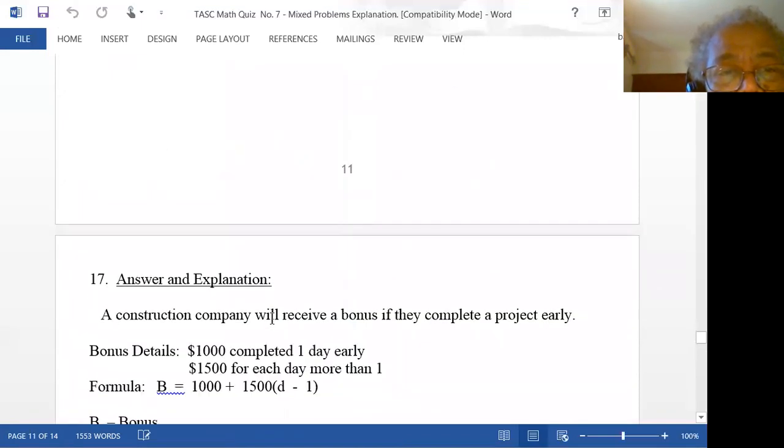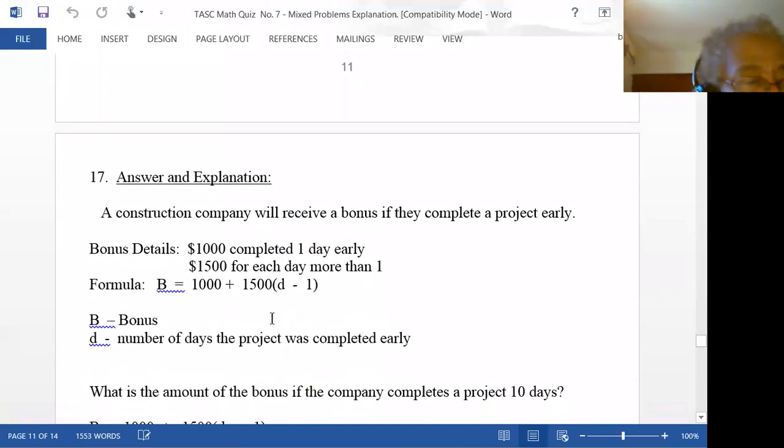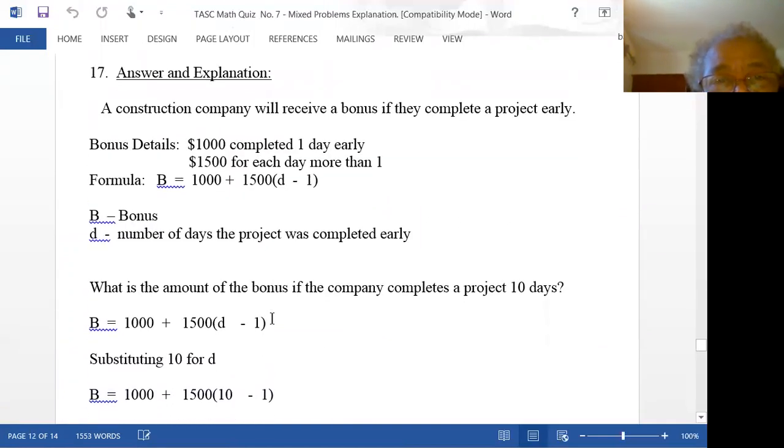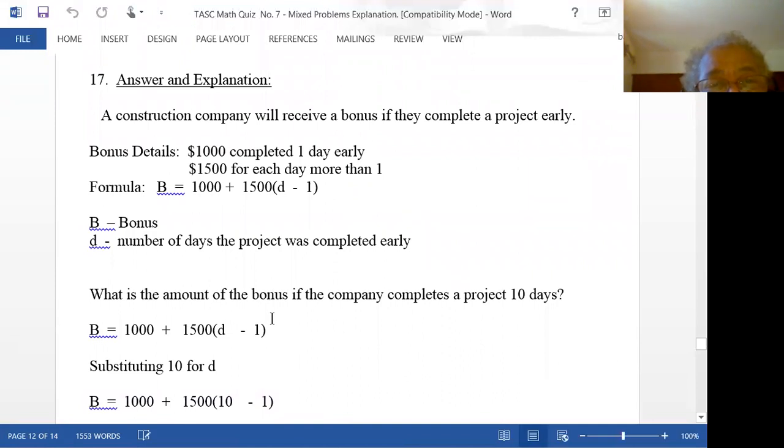Now, let me go to 17. 17 is a construction company, and they receive a bonus if they complete a project early. How does this bonus work? Well, if they complete 1 day early, they get $1,000. If they do more than a day, they get $1,500 for each day more than one.